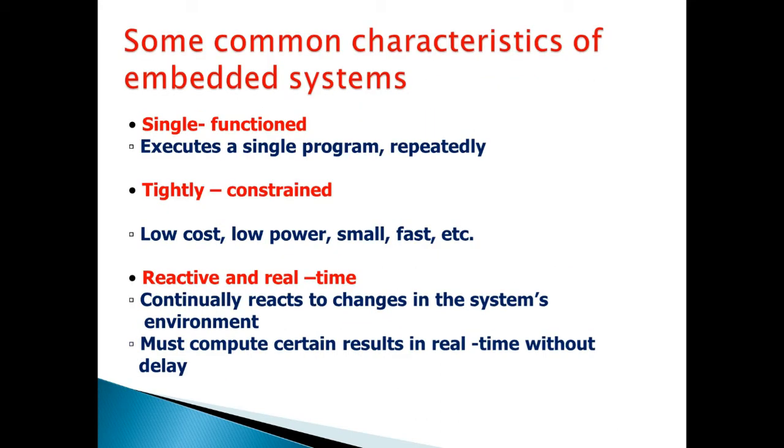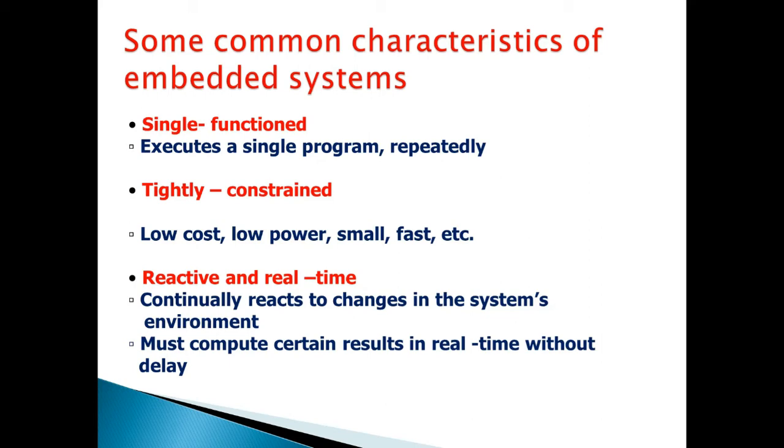Now we'll see some of the characteristics of embedded systems. It is single function, executing a single program repeatedly. Tightly constrained: it means low cost, low power consumption, small in size, faster, high speed.